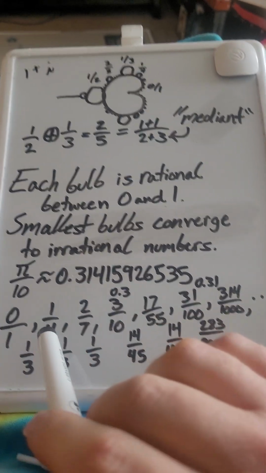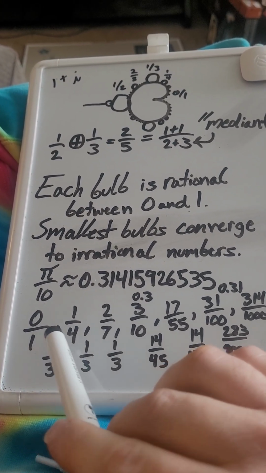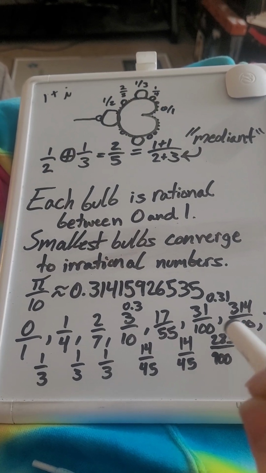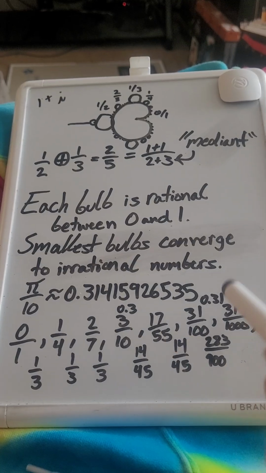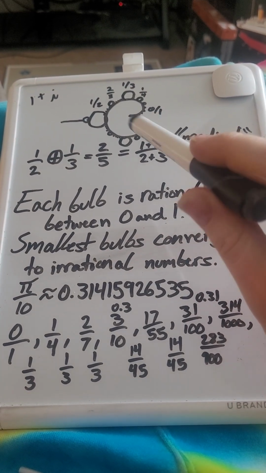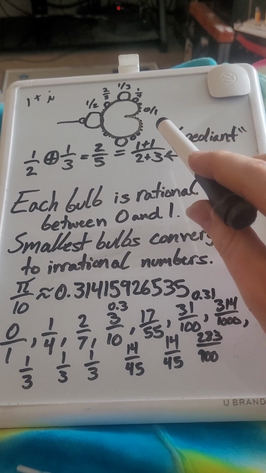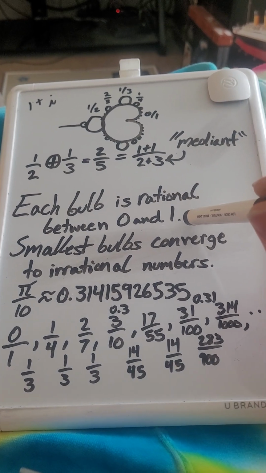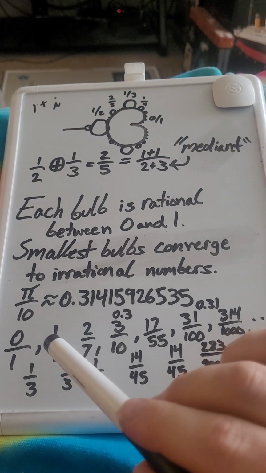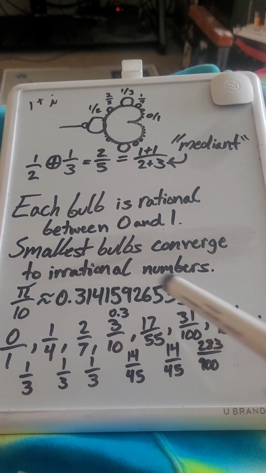So we can choose a series of rational numbers. We can choose a series of bulbs, right? We have a whole set. We have every rational number between 0 and 1. And we can choose specific ones that will converge upon pi over 10.